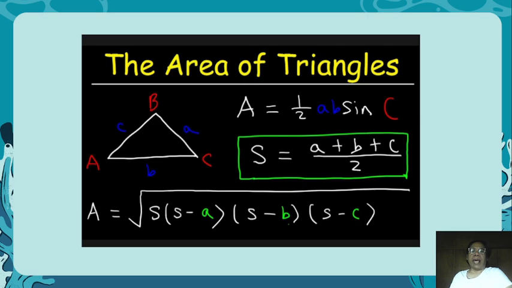And to get the area, it is equal to the square root of s times (s minus a) times (s minus b) times (s minus c).